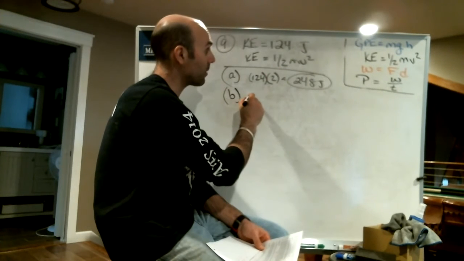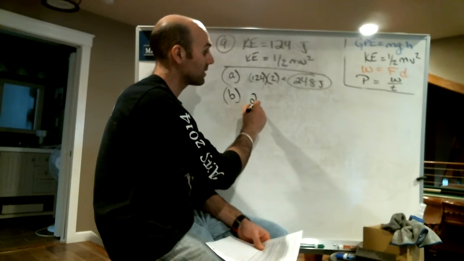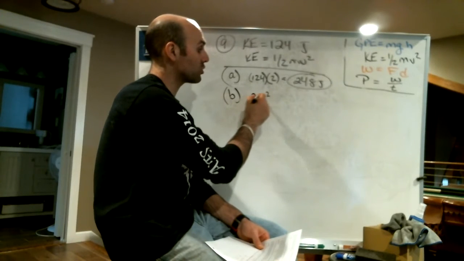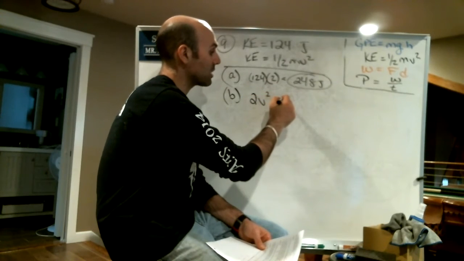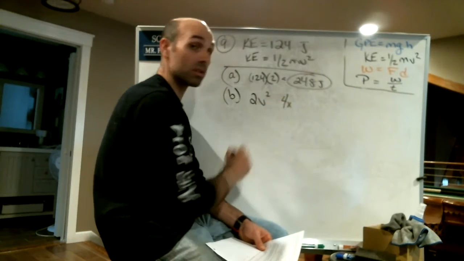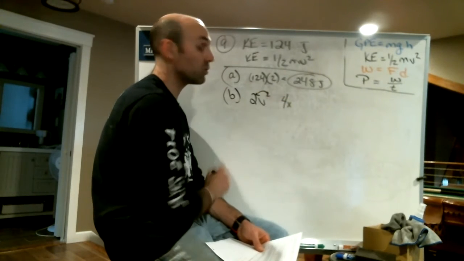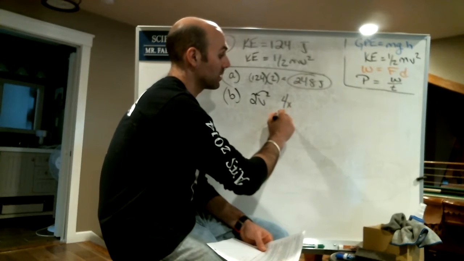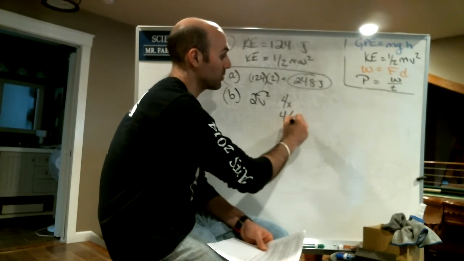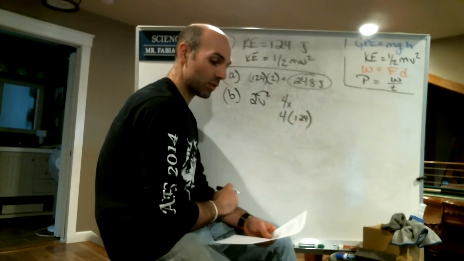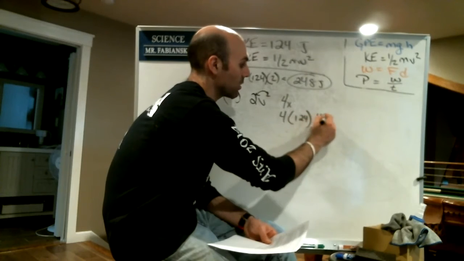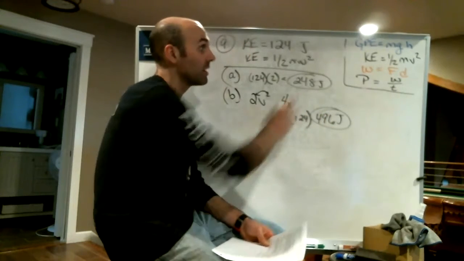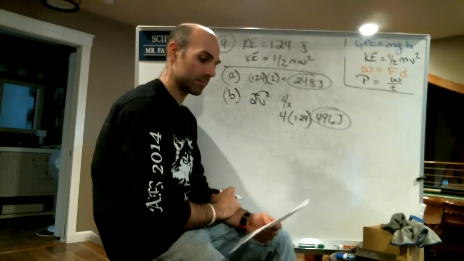So if we double the velocity, 2v squared, we're going to distribute that. We're going to quadruple, or 4 times, because 2 squared is 4. So we're going to do 4 times 124, which is 496 joules. We quadruple our answer because it's squared.